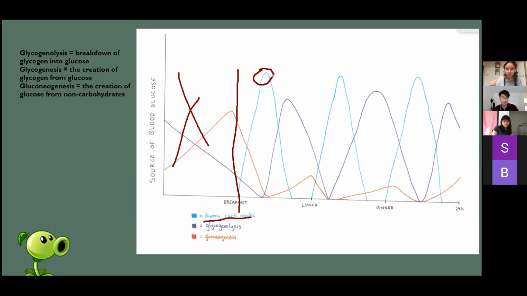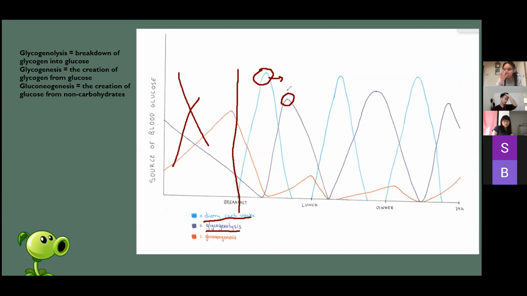Then a few hours pass, and after that, your main source of energy is going to be glycogenolysis. So basically means you switch from having the glucose that you just ate as your main primary energy source to the glycogen that you've stored in your body beforehand as your main energy source, right?